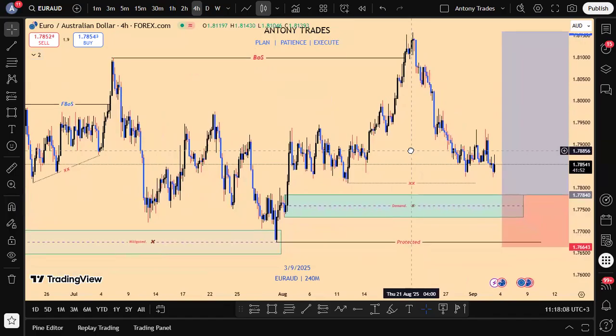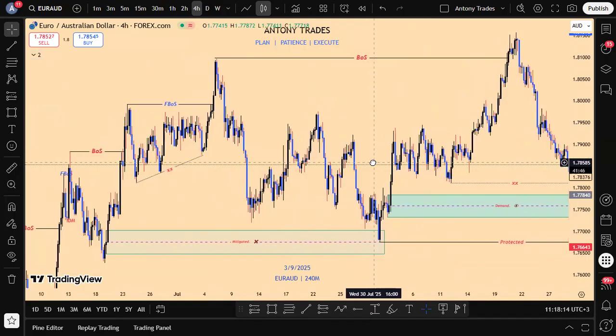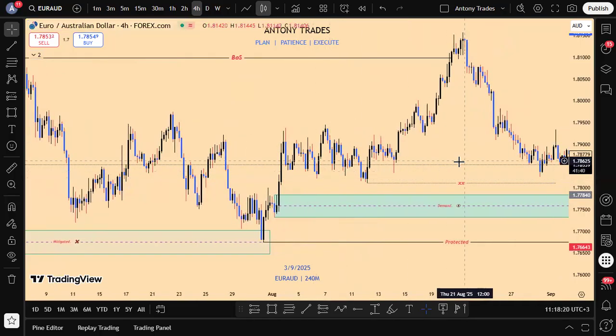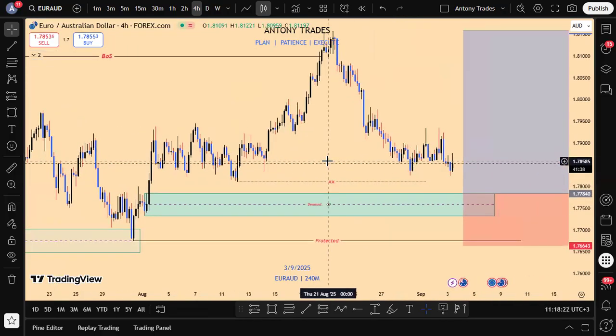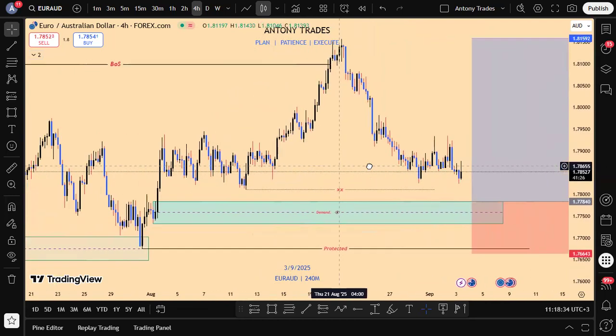Don't just take any setup. If all your checklist does not check out, then don't take that setup, guys. There are so many pairs that you can trade. There are so many opportunities that the market will provide for you. So just wait for the good setup that aligns with your plan, then take the trade without fear.